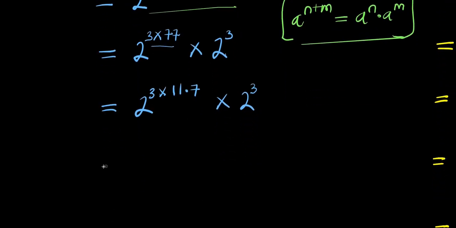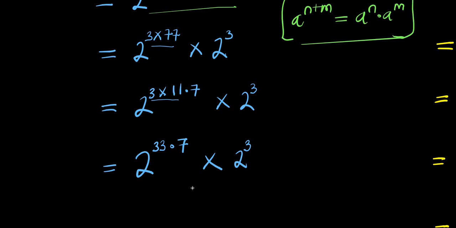So from here, let's multiply 3 times 11, that is 33, right? So we have 2 to the power of 33 times 7 times 2 to the power of 3.